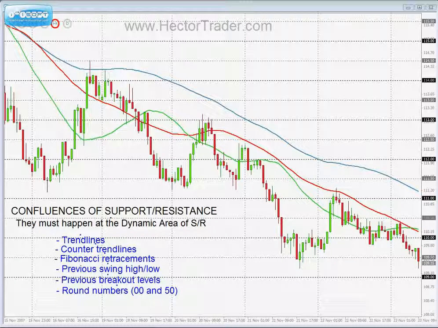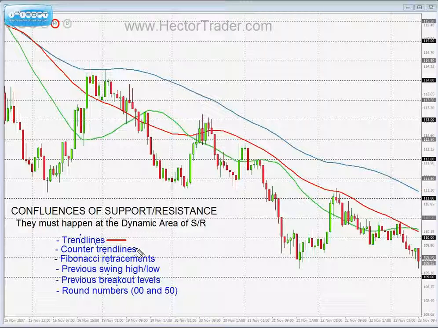First of all, I like to comment on the elements that I usually draw on my charts in order to search for those confluences. Firstly, the trend lines. Old school trend lines.